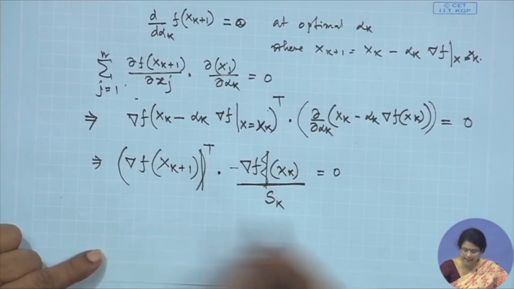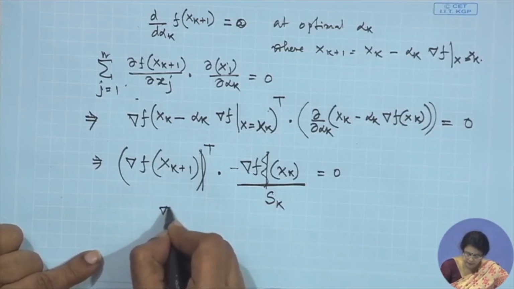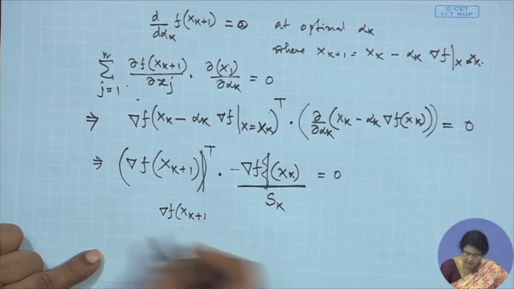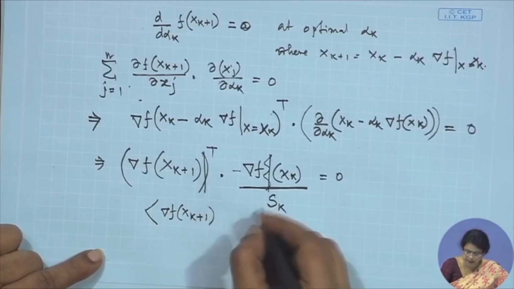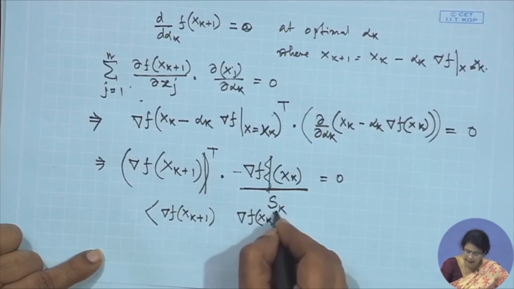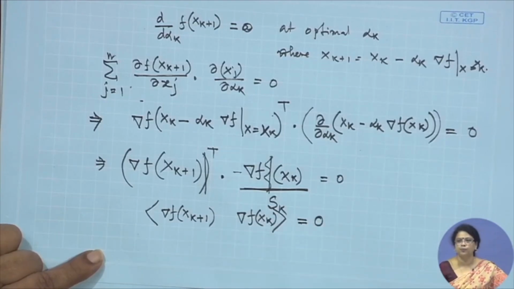Then what exactly are we getting? We are getting that the inner product of grad of f at x k plus 1 and grad of f at x k is equal to 0.